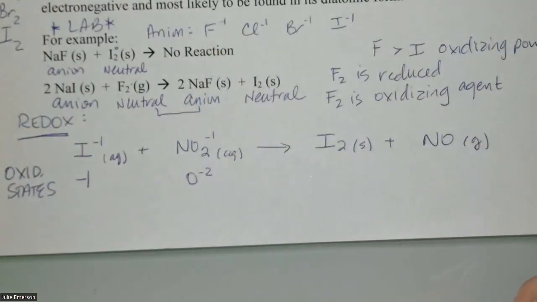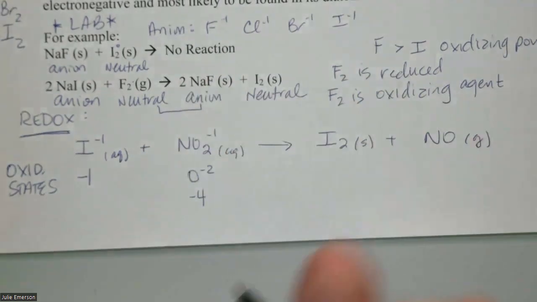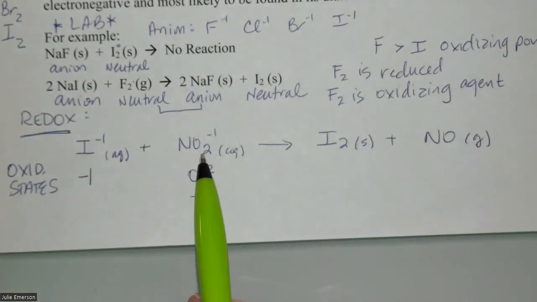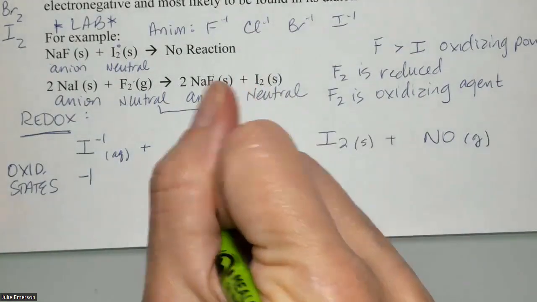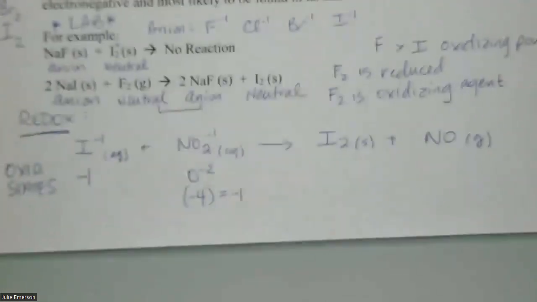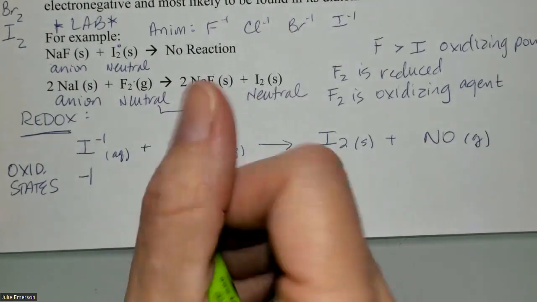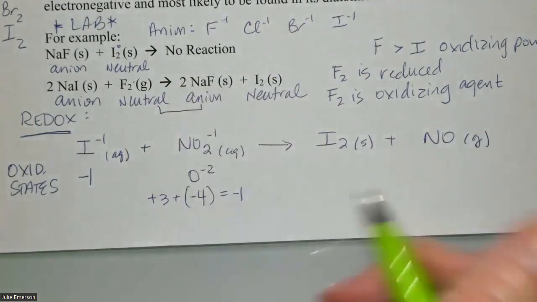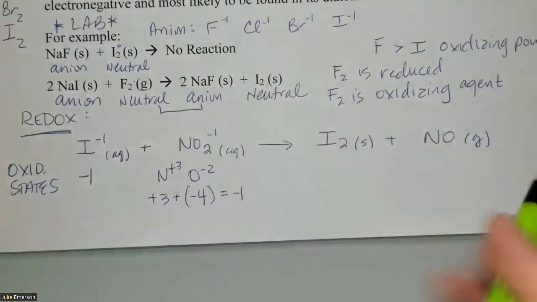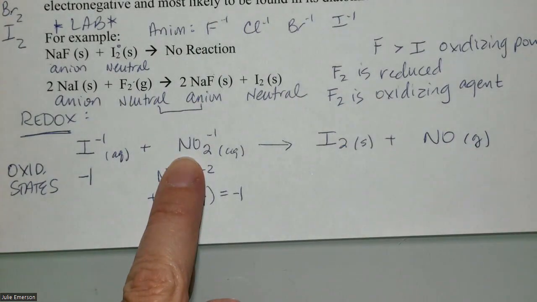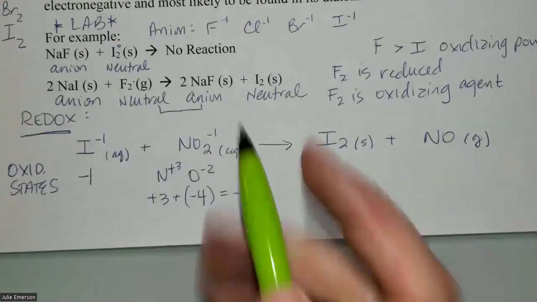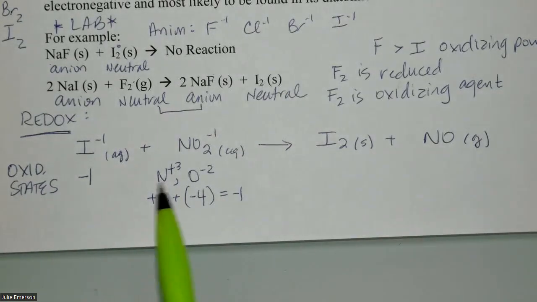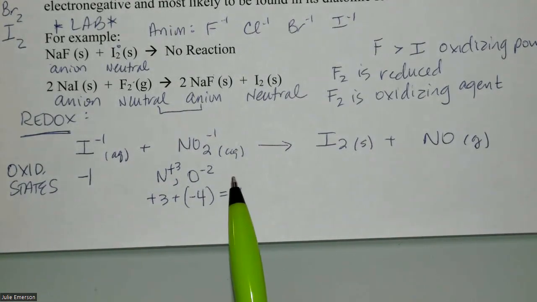So oxygen is -2, but there are two of those present, so two oxygens, each -2, means I've got a -4 total. The charge on the polyatomic ion is -1. That means the nitrogen would have to be a +3. So +3, -2, -2 overall gets me to a -1. So those would be the two oxidation states of nitrogen and oxygen in nitrite.